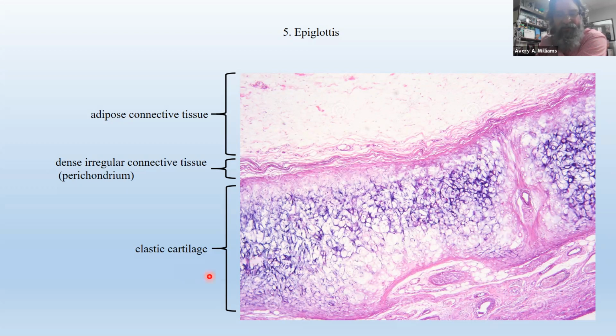And I can't remember if I told you about this before or not. If I did, I'm sorry for being repetitive, but a lacuna means little lake, all right? And what cartilage has are these little lakes, little ponds of interstitial fluid to accommodate a cartilage cell.